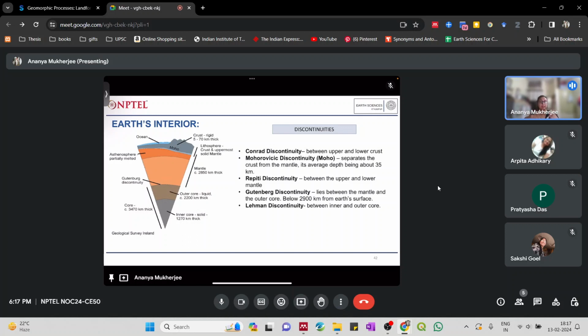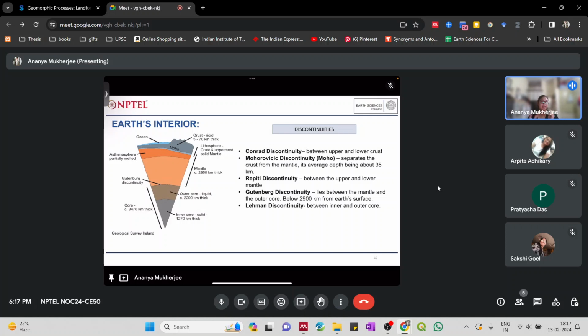Then a very important discontinuity is the Moho discontinuity or Mohorovičić discontinuity. So this actually separates the crust from the mantle, and the global average depth, which has been calculated by different methods and different researchers, is about 35 kilometers.